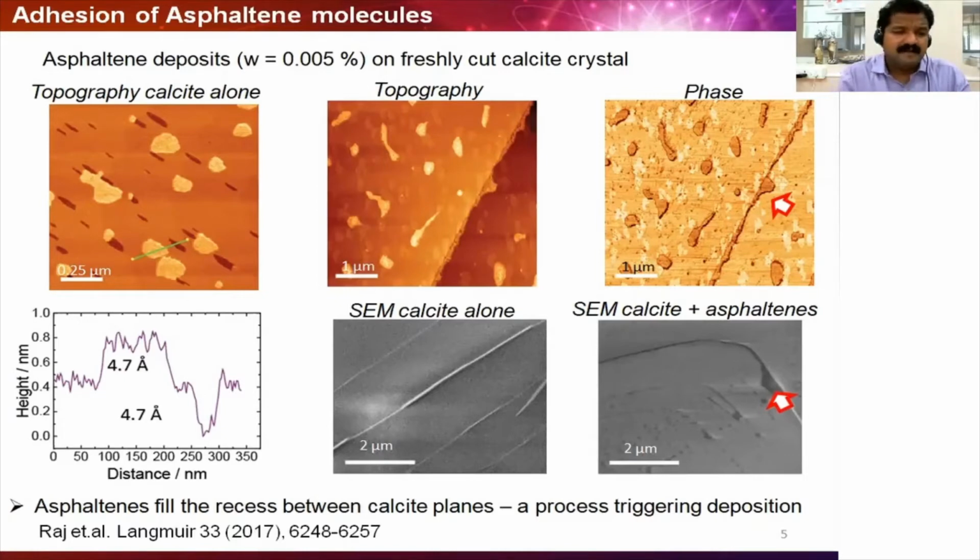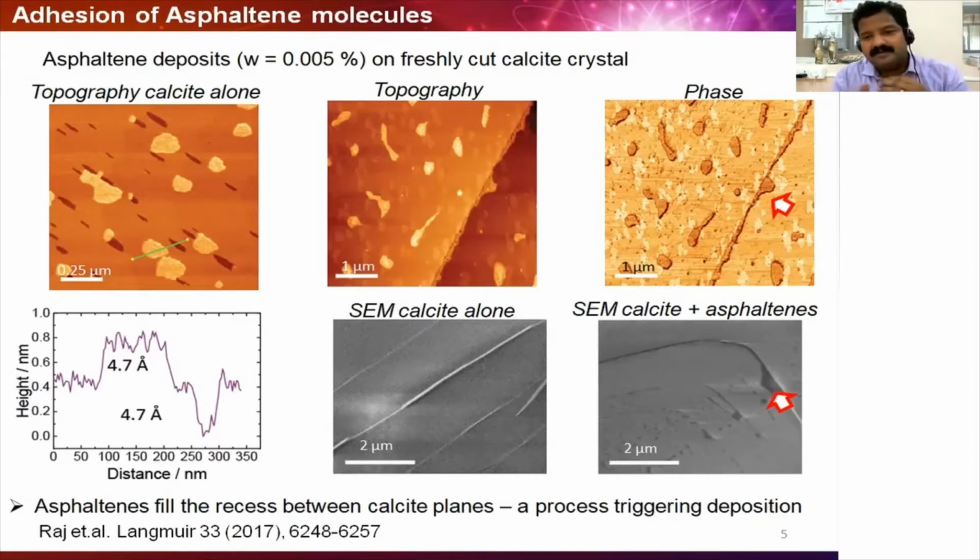This is a topography of a freshly cut calcite crystal, where you can see there are steps, and these steps are 4 angstroms or about 5 angstroms in height. So these are single monolayers of calcite crystals, or the calcite molecules forming these crystal steps.